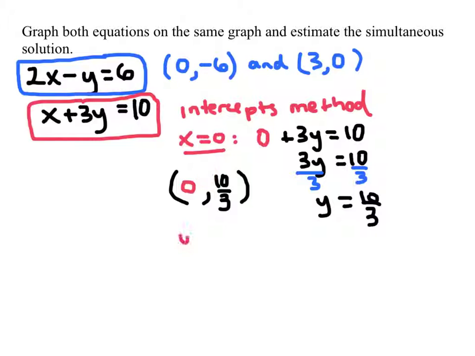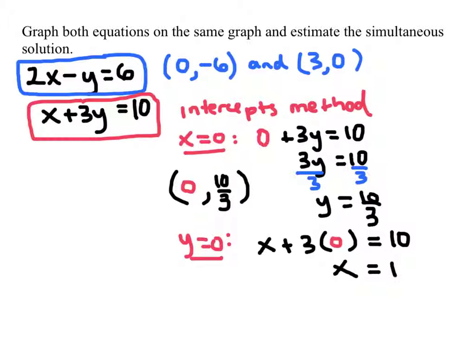So before we start graphing, we still need to find the other intercept. So I'll let y equals 0 for the other one. That means I'll have the equation x plus 3 times 0 equals 10. So that will leave me with 3 times 0 is 0, so that actually gets x equals 10.